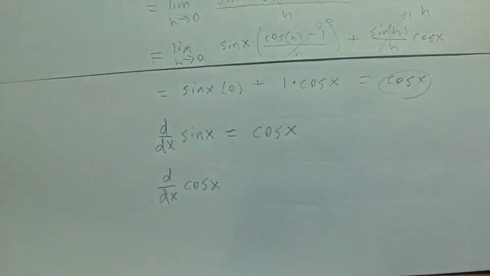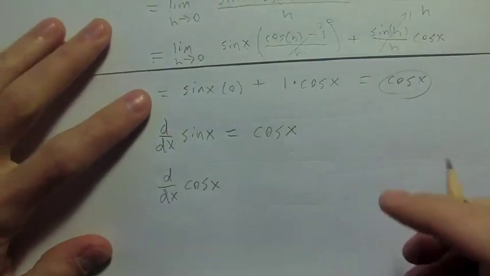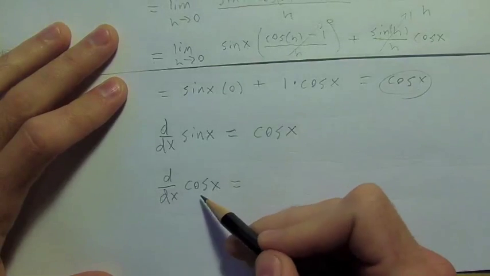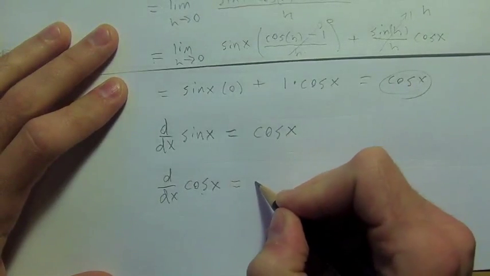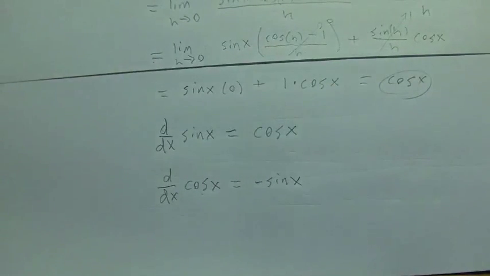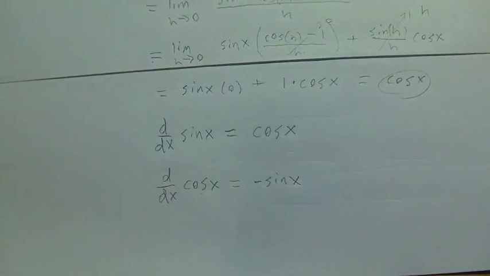Same exact work, using a similar identity for cosine, using the same special limits and all that. But you go through all that work all over again, and you basically get that the derivative of cosine x is equal to negative sine of x. Okay, so the derivative of sine is equal to cosine x, and the derivative of cosine is equal to negative sine x.